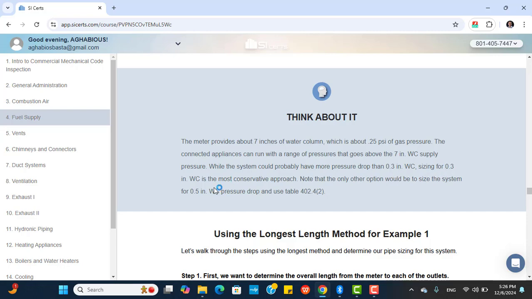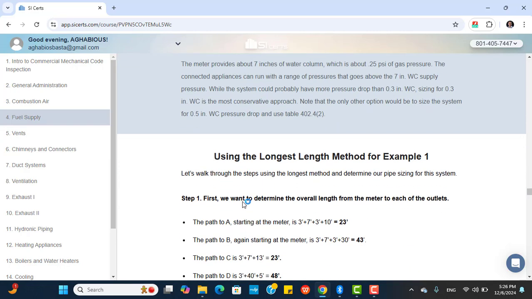Sizing for 0.3-inch water column is the most conservative approach. Note that the only other option would be to size the system for 0.5-inch water gauge pressure drop and use Table 402.4.2 using the longest length method, for example 1.